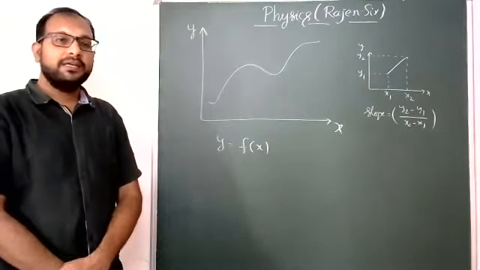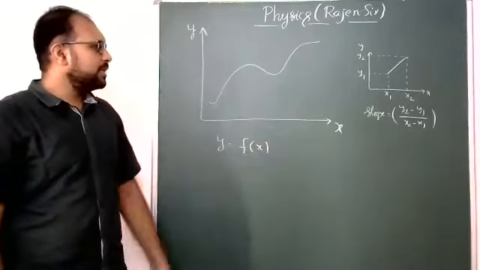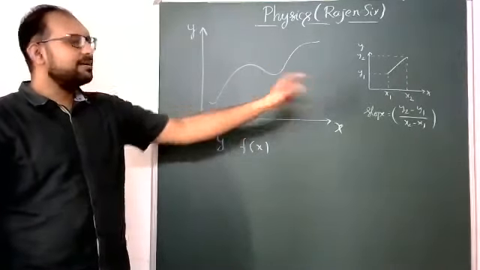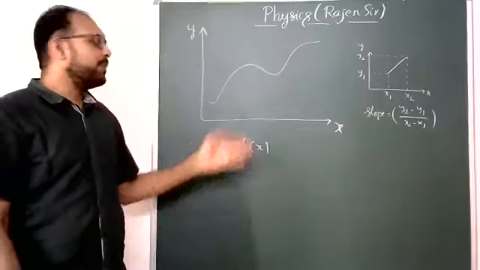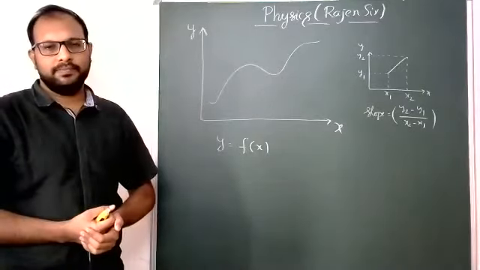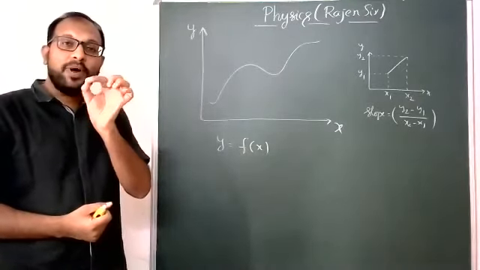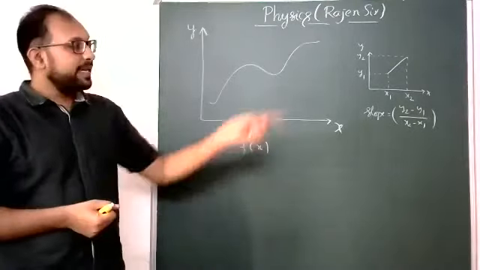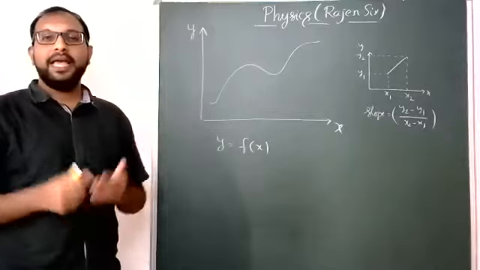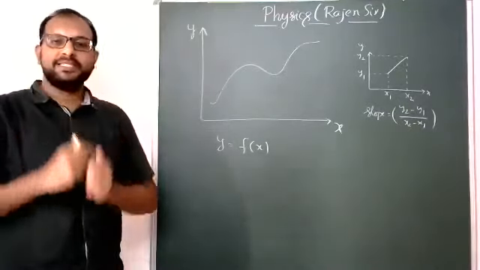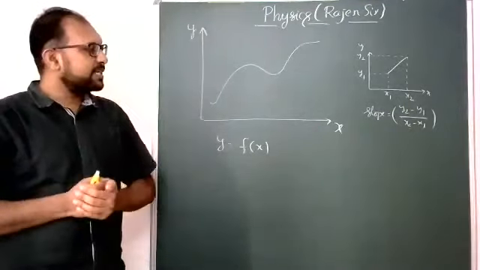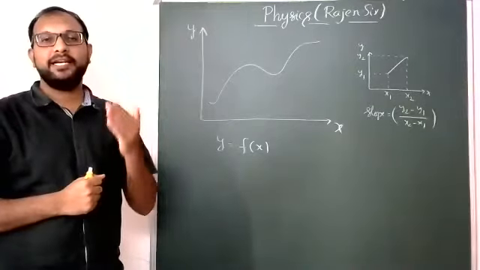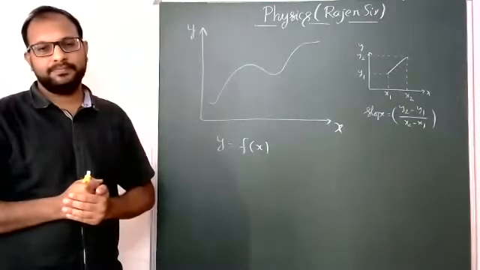So the straight line equation is not possible for all parts, because as the point changes, the slope also changes. But in the previous case, for a straight line, at any point you take, the slope is the same. That's why the simple equation, change in y divided by change in x, works.